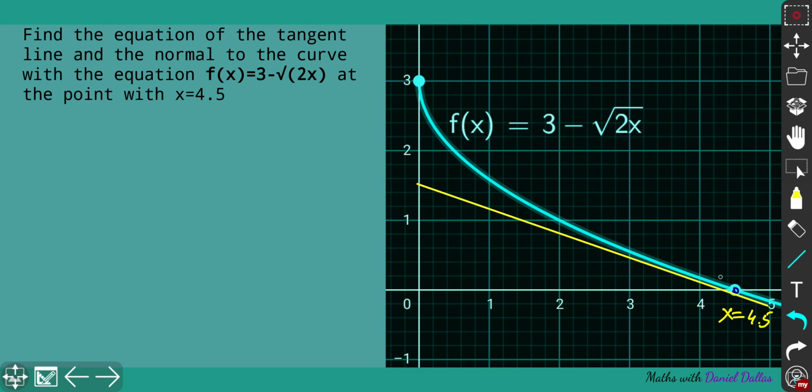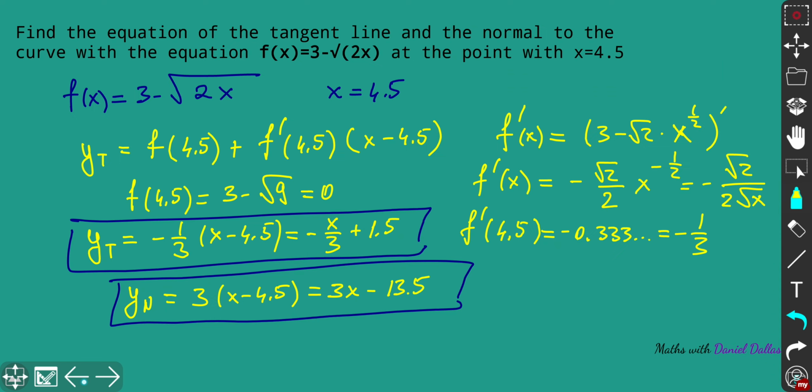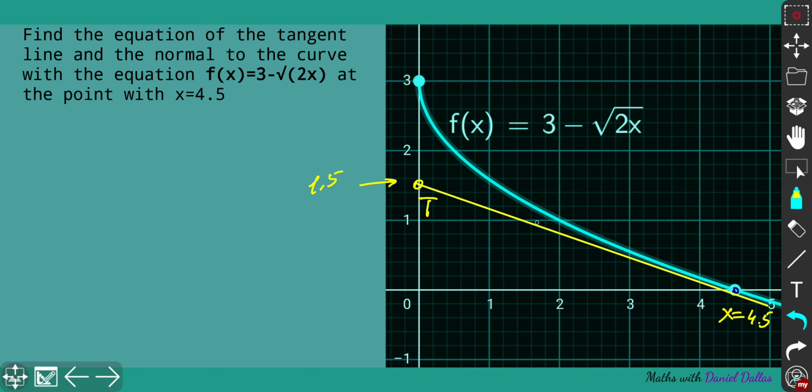Put a tangent. So let's assume this is the tangent. And its y-intercept is somewhere around 1.5. You can compare with the equation. 1.5, that's the y-intercept. What about the gradient? It's definitely negative and it's less steep. So it looks like negative 1 over 3. So the gradient for the tangent line is around negative 1 over 3.